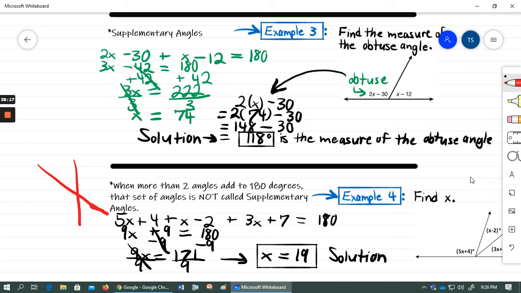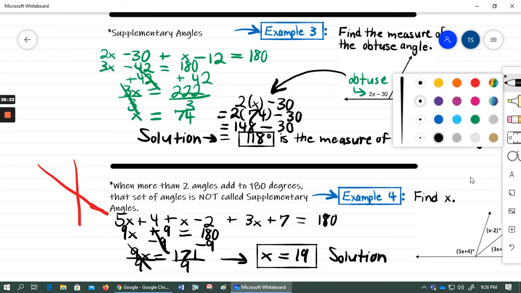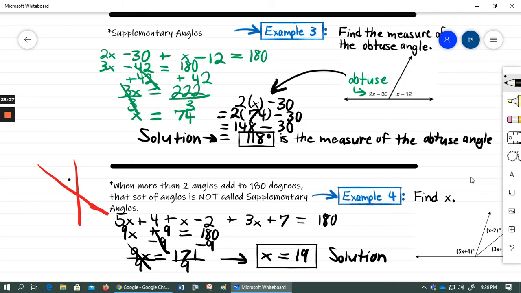Remember, guys, that when you have two lines that intersect each other, those vertical angles are your non-adjacent angles. Adjacent angles are angles that are literally side by side, like these two. We're not talking about angles that are side by side with a common ray and a common vertex, like these two angles right here.